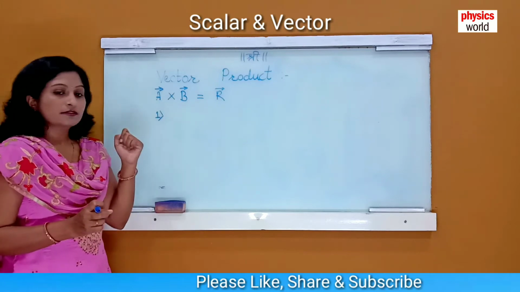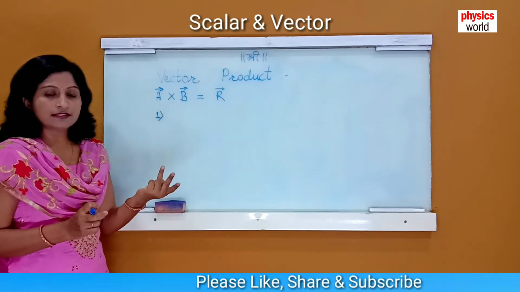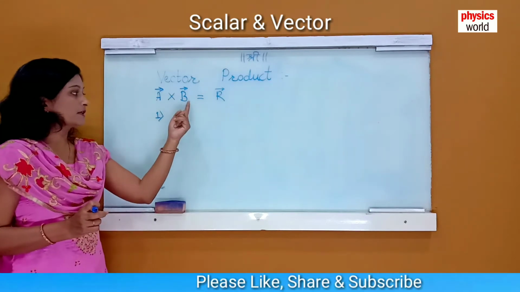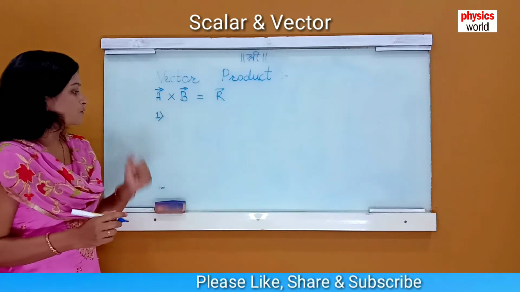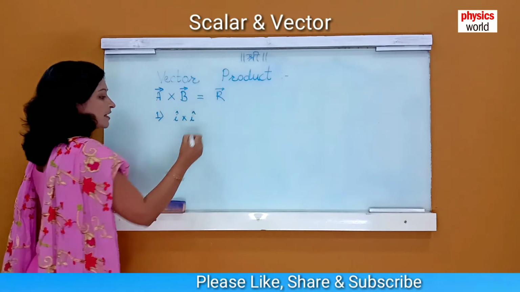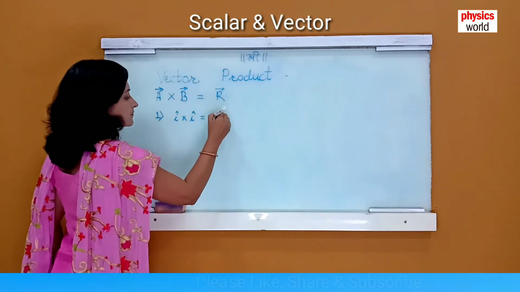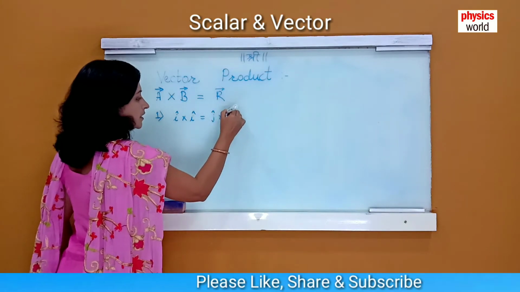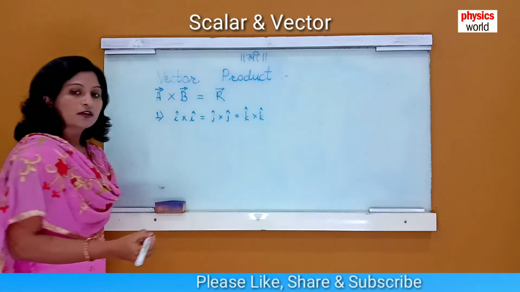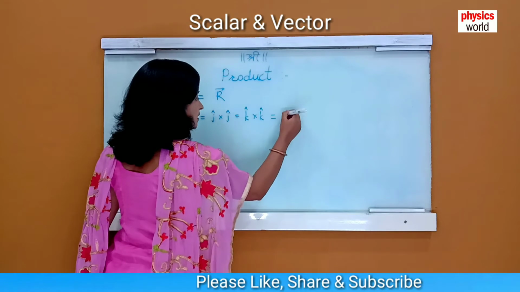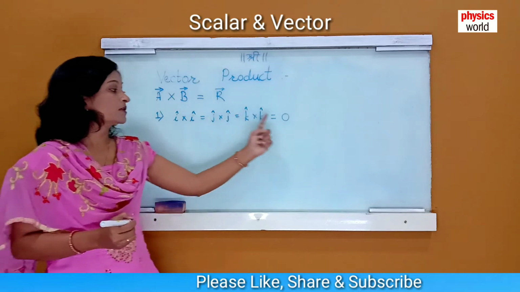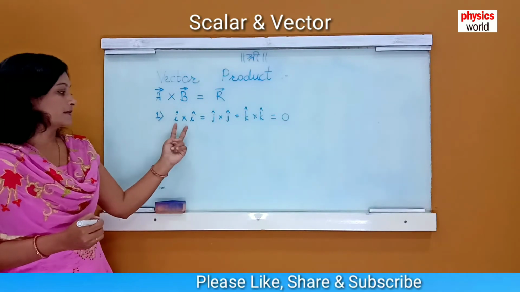In two vectors, if there are three axes, x-axis, y-axis and z-axis, then i, j, k will be there for A as well as for B. So for the cross product, the similar components, that means i cross i or j cross j or k cross k, will always be equal to 0. So this product is 0 when taken with the same axis.